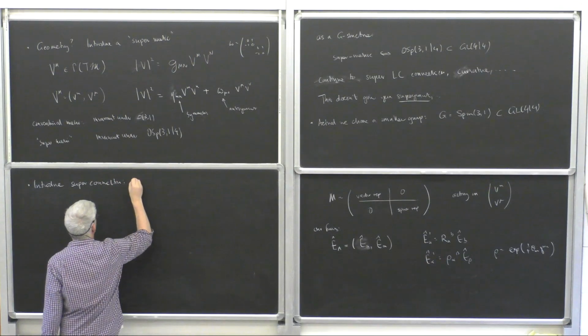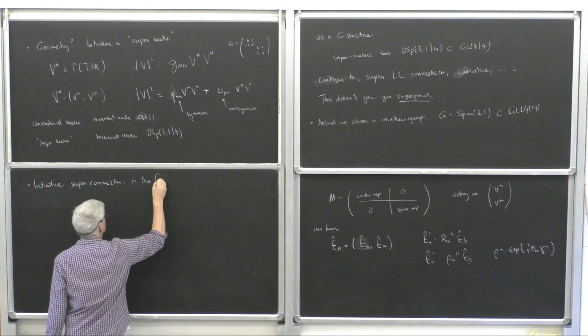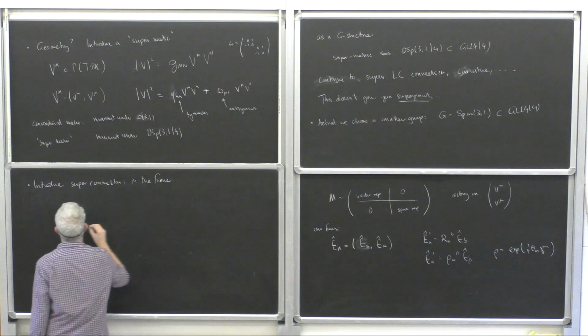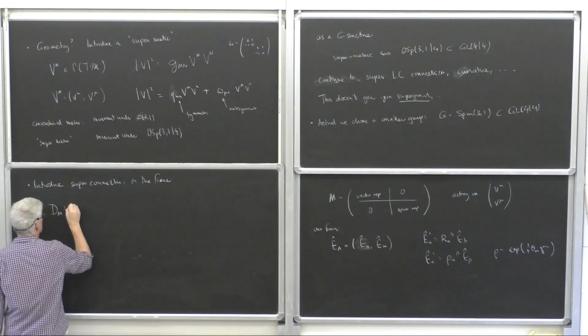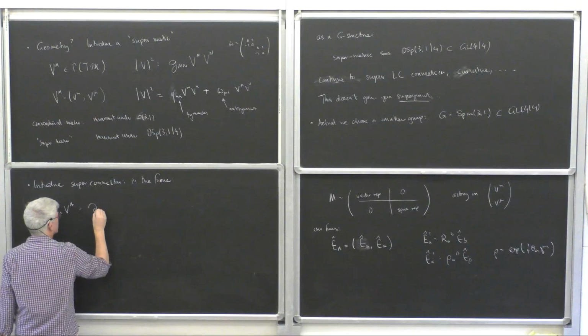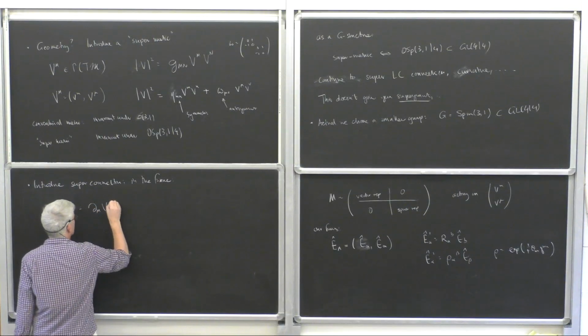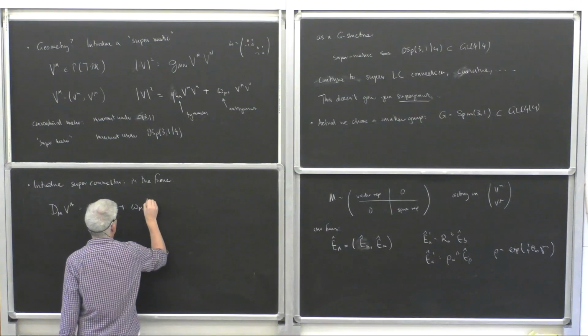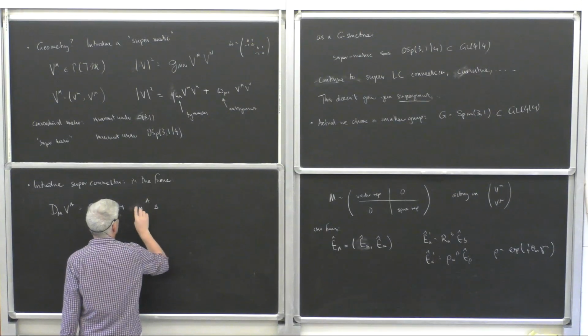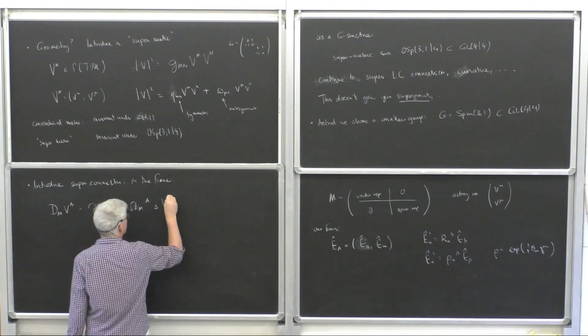So in the frame, we have some superconnection, which is going to look like some d_M V^A plus omega_M^AB, or let me call this big Omega, V^B.